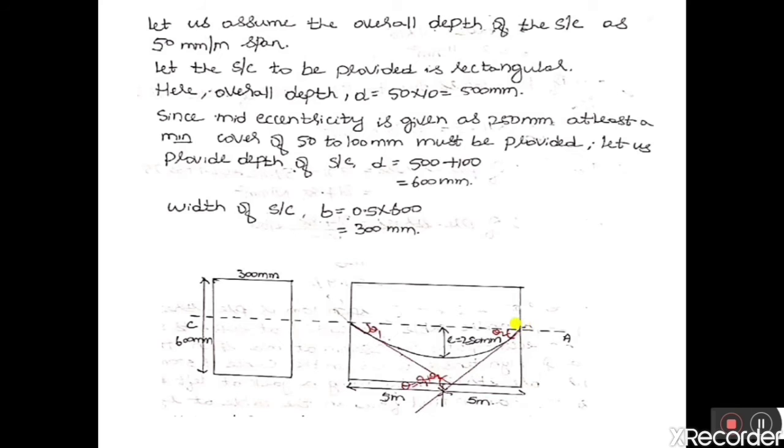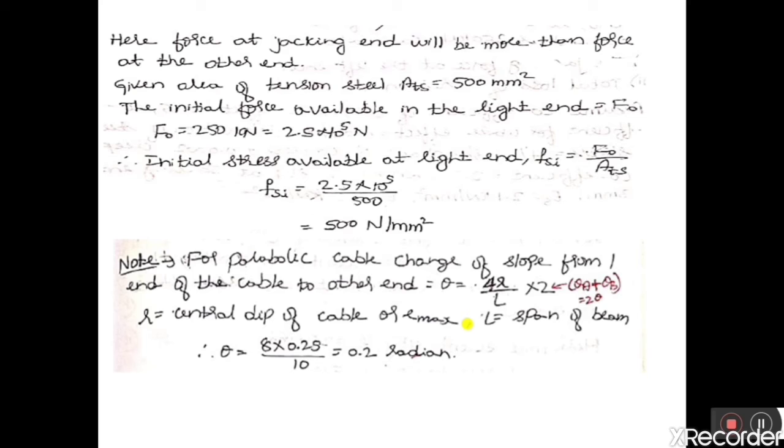So 500 Newton per mm square is the stress at this end after the loss due to friction. So if friction loss is added to this 500, then I will get what is the initial stress at left end. So first what I should do, I should calculate what is the loss of stress due to friction. So I know what is the formula to calculate the friction loss.